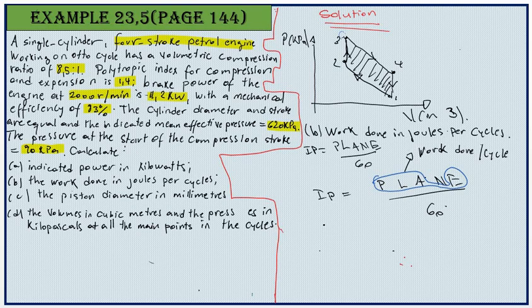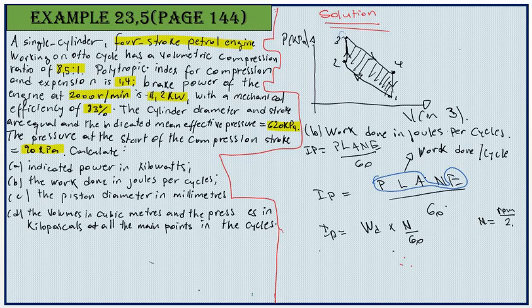In other words, we can say that IP is equal to the work done, denoted by WD, multiplied by N over 60. Now N depends on the engine type. For a 4-stroke engine, N is given by the rotational speed RPM divided by 2.